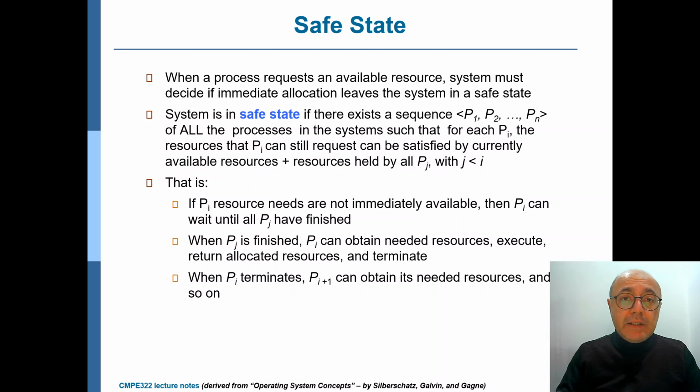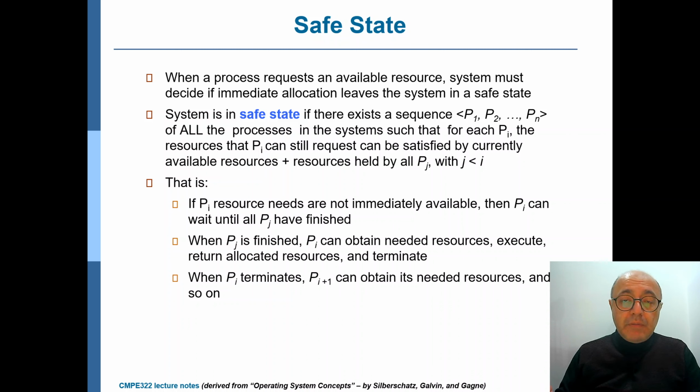And a specific state is said to be safe if from that current state there is a possible sequence of process completions in which all processes can be completed with the resources available at the moment, plus the resources that will become available as these processes complete.